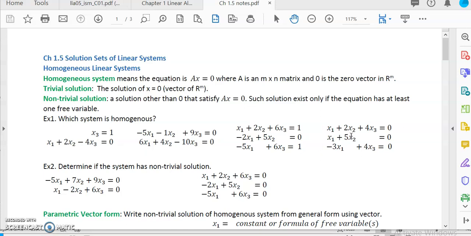We're going to look at how to write the general solution of a system that has multiple solutions, but write it not in equation form, but in vector form. So that's the main goal of 1.5.